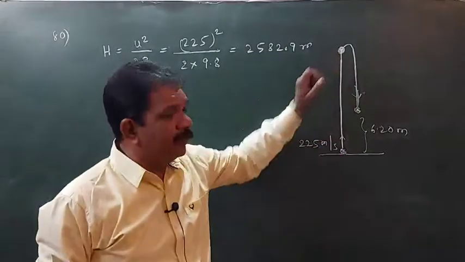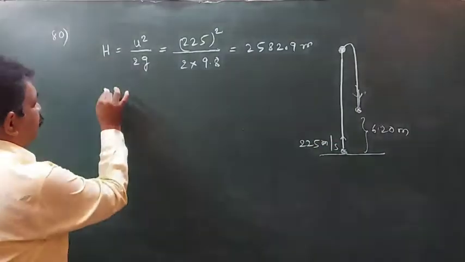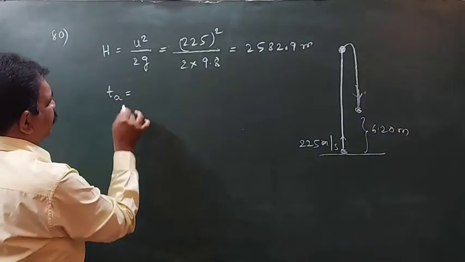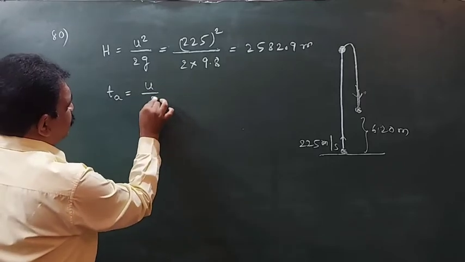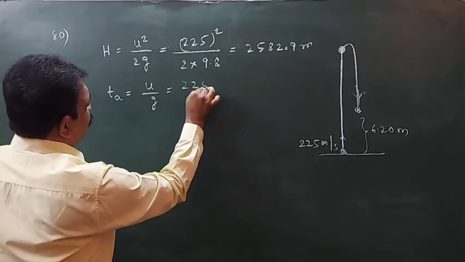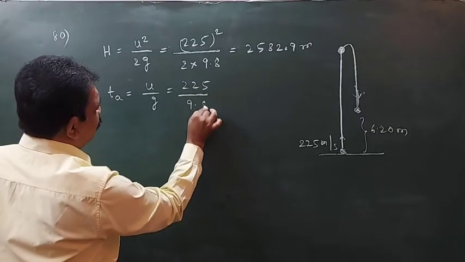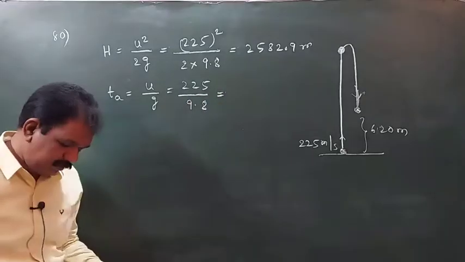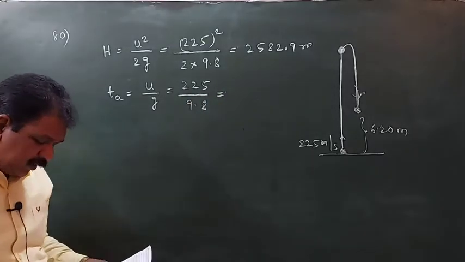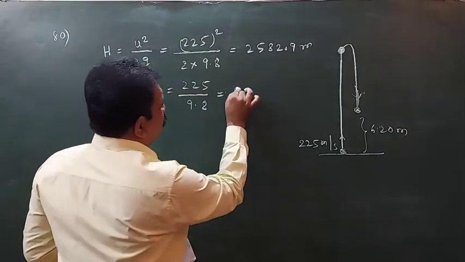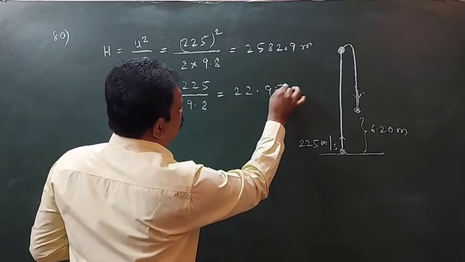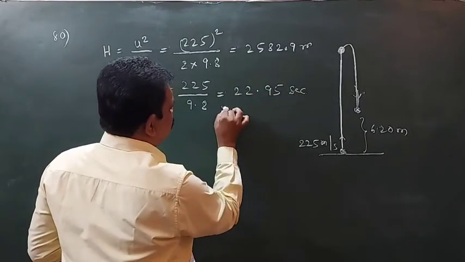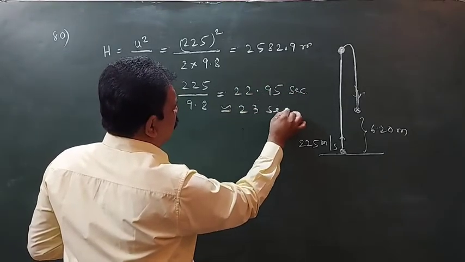From here to here, how much time? That will be the time of ascent, u by g, 225 by 9.8. If we calculate this, it will be 22.95 seconds, which is about 23 seconds.